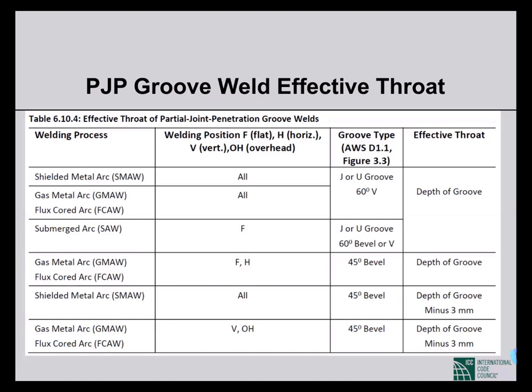Then only we can define the effective throat. In most of the cases, effective throat is the depth of groove, but in some cases, like for usual manual welding, if this is PJP, usual manual type welding, for any groove location, we have to deduct 3 millimeters from the depth of groove, like that.